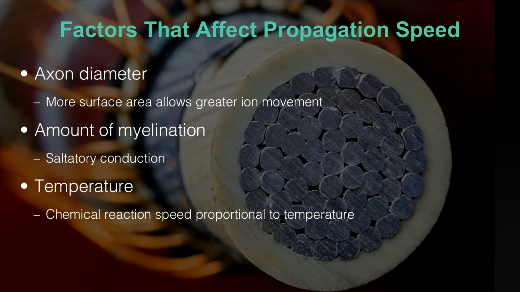The speed of all chemical reactions is proportional to temperature. So ion movement, sodium, potassium pumping, all happen faster when warm, slower when cold. So signal transmission is faster when warm, slower when cold.